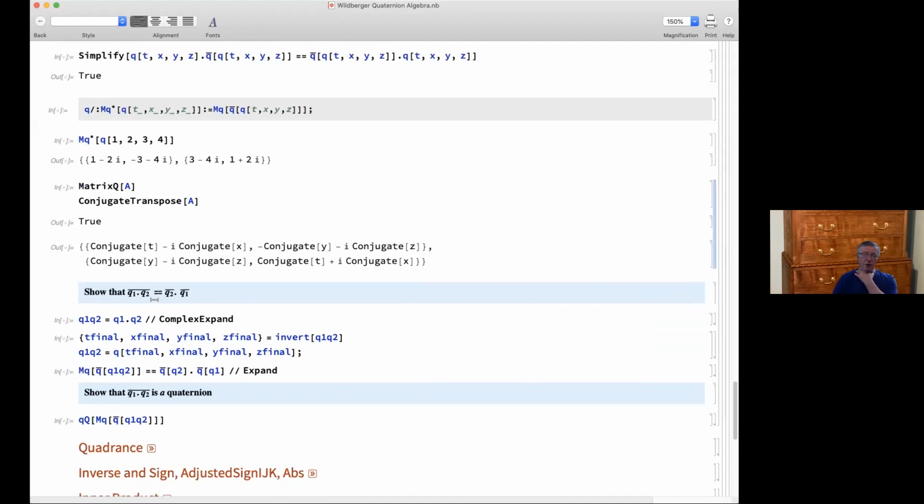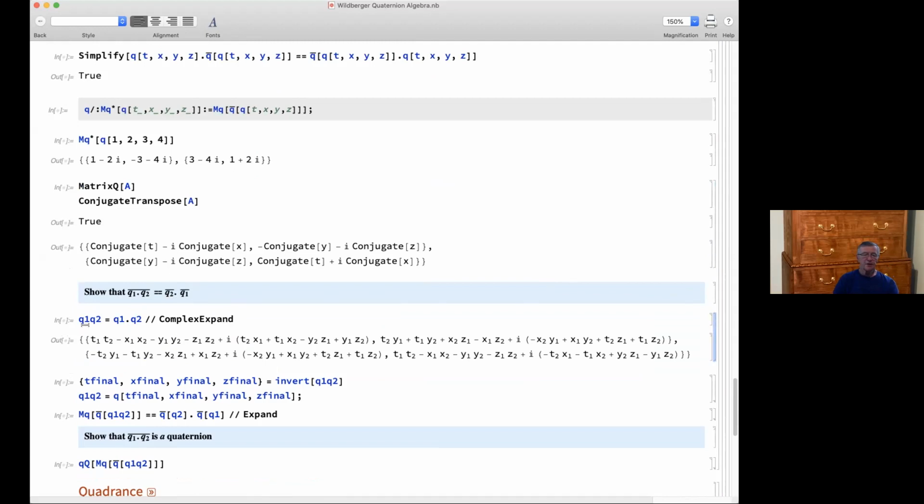We can also show that the conjugate of a product of quaternions is equal to the product of their conjugates. So I can show that a product is Q1, Q2 using the super and subscripts. I can identify each of the elements from the inversion of that quaternion.